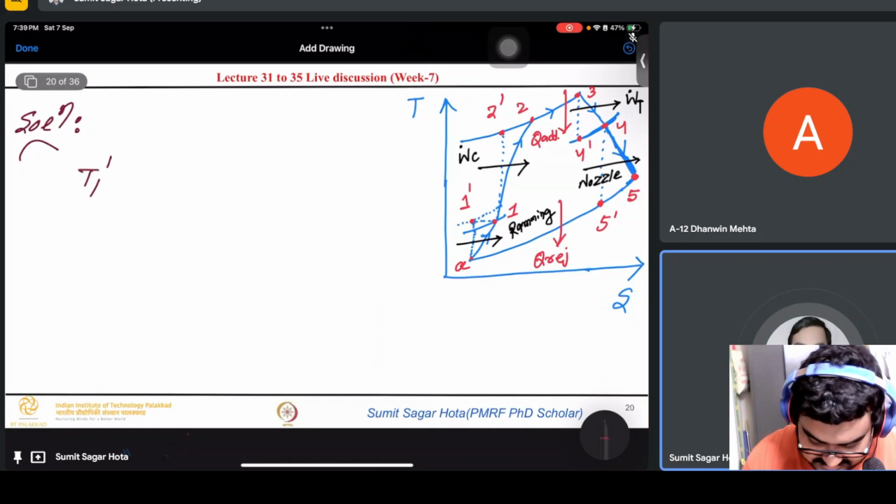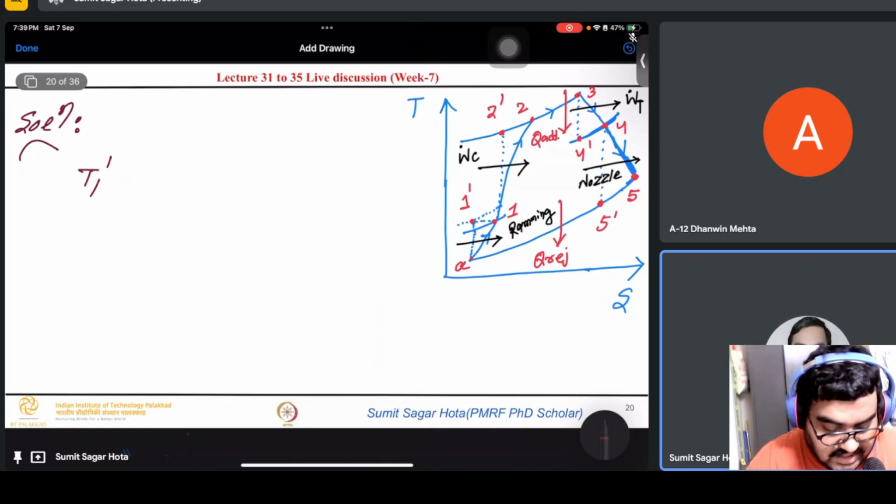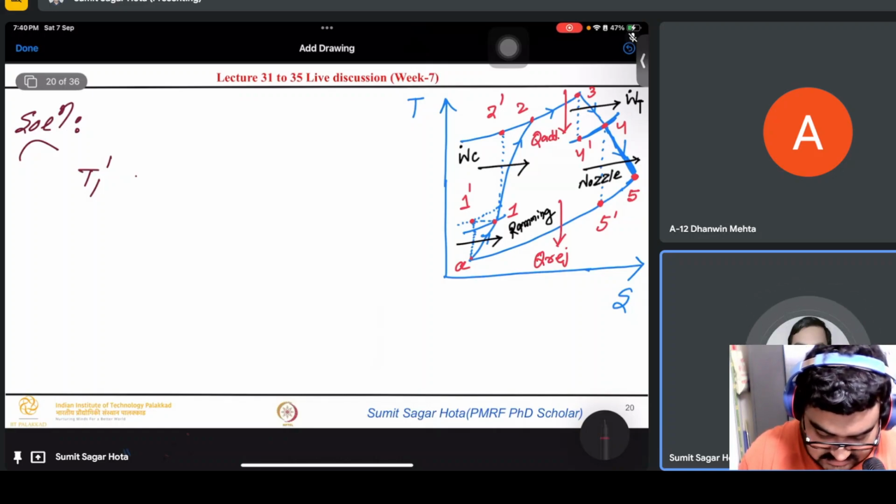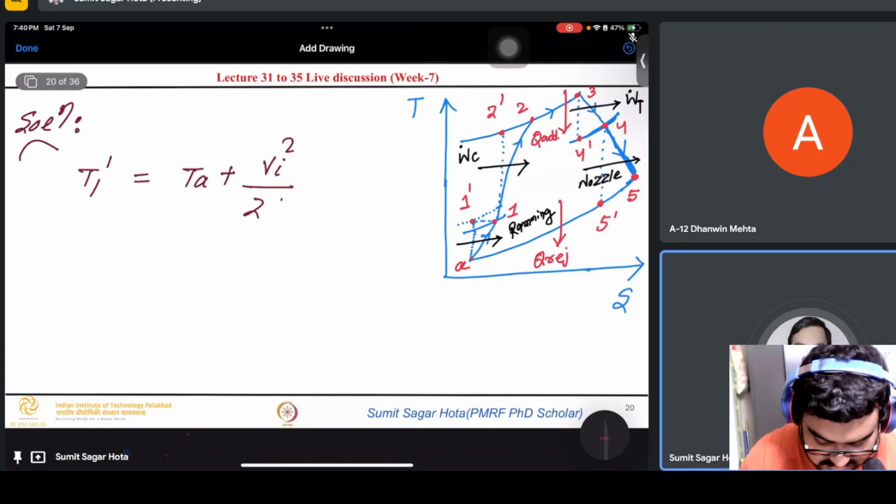So T1 dash. How do we find T1 dash? If you see in the T-S diagram, if we add the velocity head, then we can get T1 dash. So the formula for T1 dash, for the isentropic process we are assuming, is T_A plus Vi squared by 2Cp.